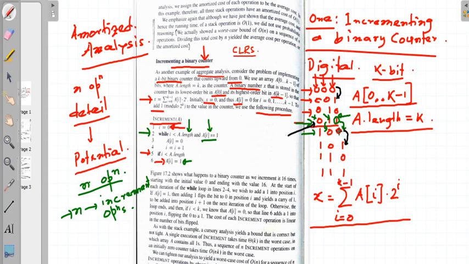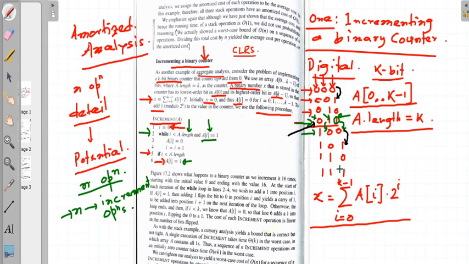So 0 to 1, only this bit is flipped. The 0 to 0 and 1 to 1 remain the same. So you see, for a sequence of n increment operations, if we look operation by operation, most of the cases have a low flip cost.